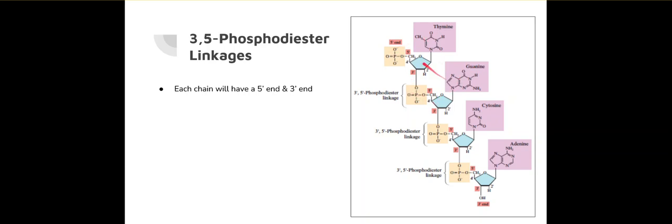Here's thymine, and this could go on, however long, hundreds and thousands of these in chains. You will always have a 5' and a 3' because eventually you're going to have a third carbon that is not connected anywhere, and a 5th carbon that's not connected anywhere up here.